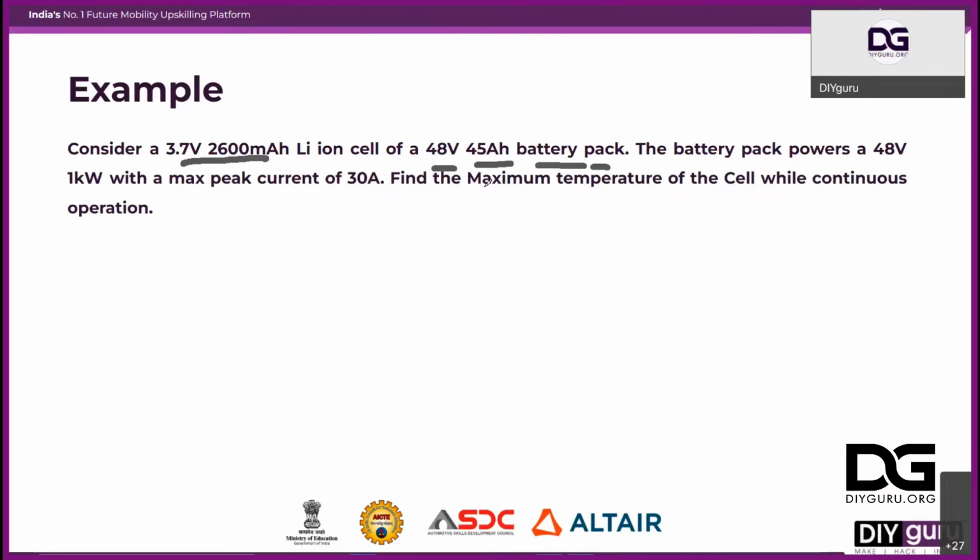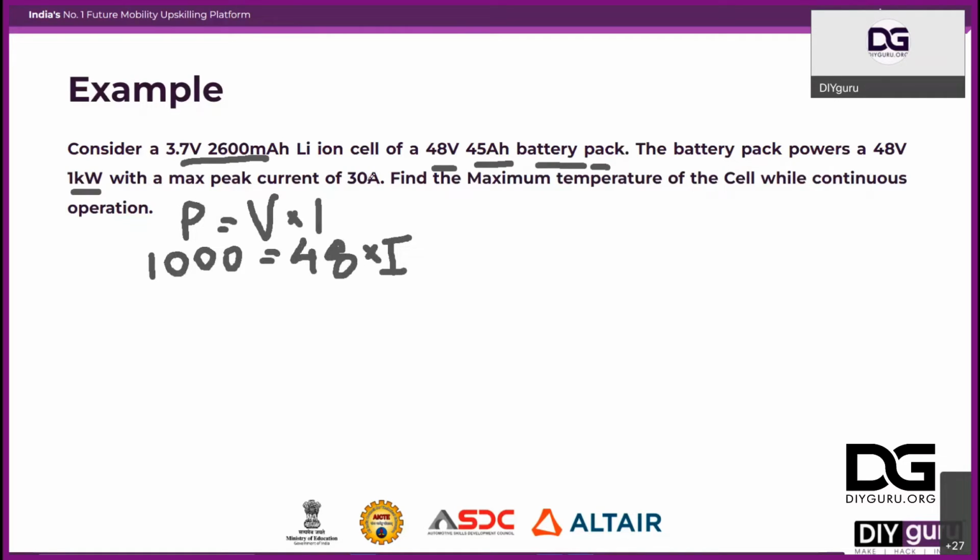For the standard operating cycle, we know that P equals V into I, so 1000, that is 1 kilowatt, equals 48 into I. In this question no motor efficiency is given, so I will not take it.